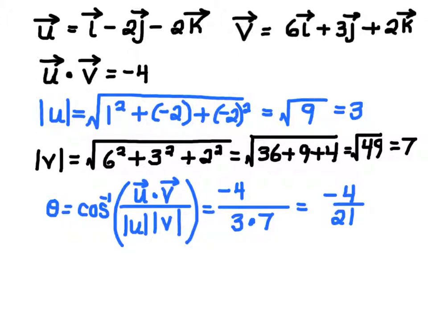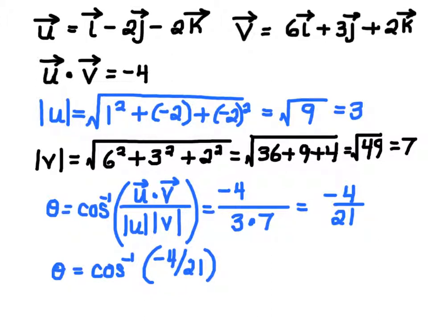So at this point, we are going to find theta by using our calculator, and we're going to put in the inverse cosine of -4 divided by 21.